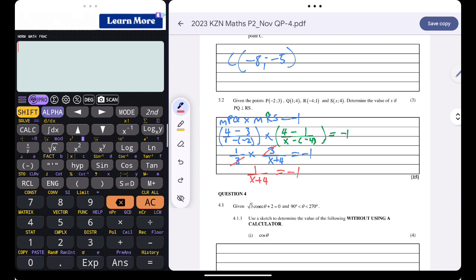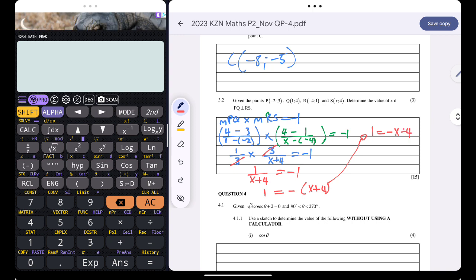Let me not try to be fancy. Let me just cross multiply now. I'll be left with 1 on the left hand side. On the right hand side, I'll have x plus 4, then I'll have, let me continue on the other side, 1 is equal to -x minus 4.